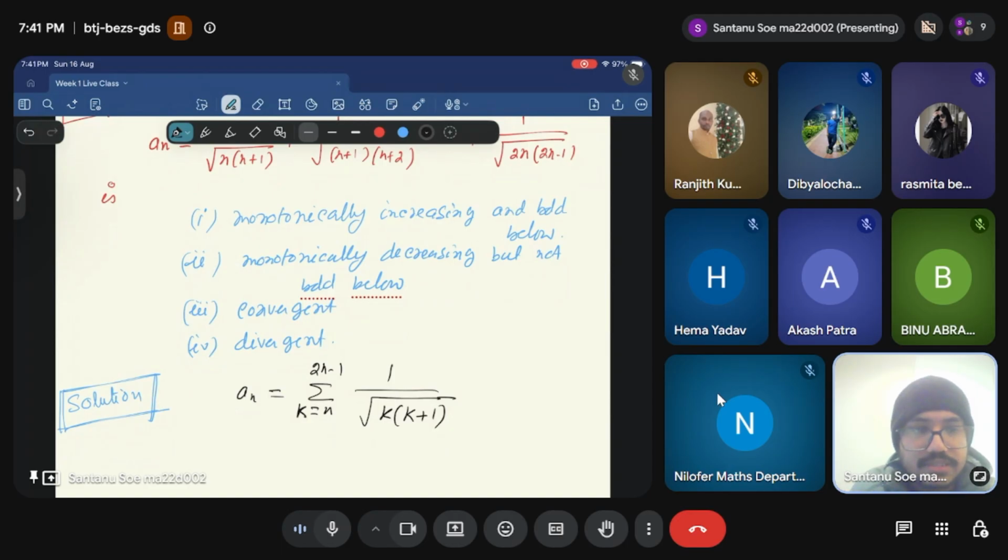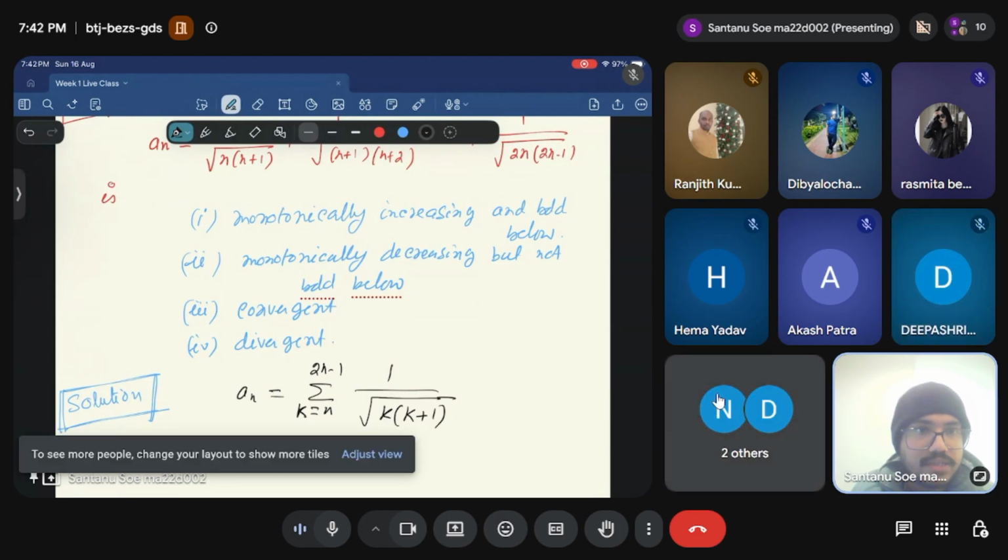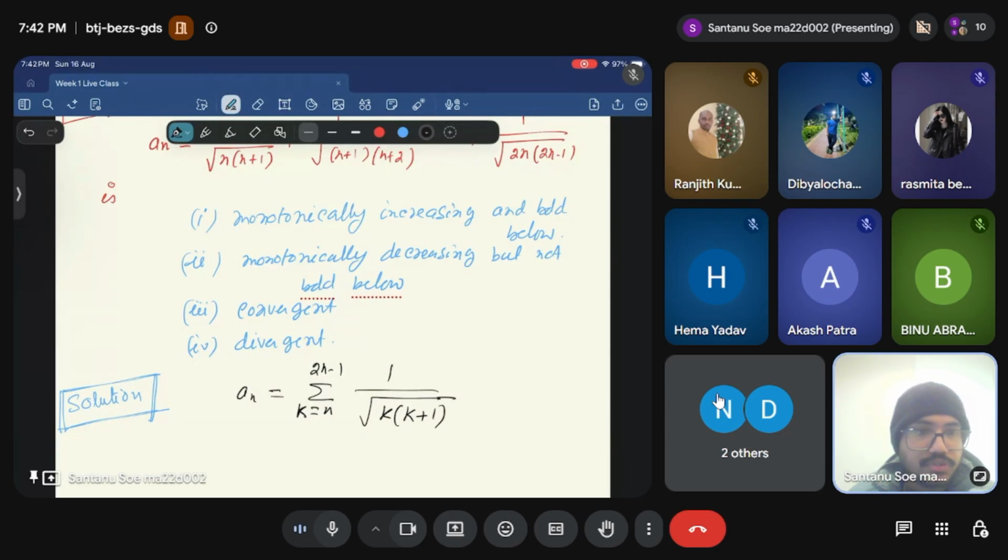If there are three sequences a_n, b_n and c_n such that a_n is less than or equal to b_n, which is less than or equal to c_n, and the limits of a_n and c_n are the same, then the limit of b_n will also be the same. This is called the squeeze theorem.